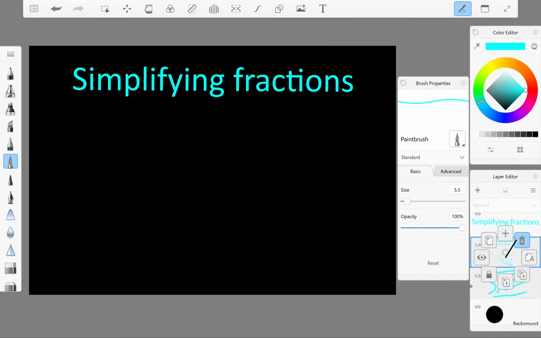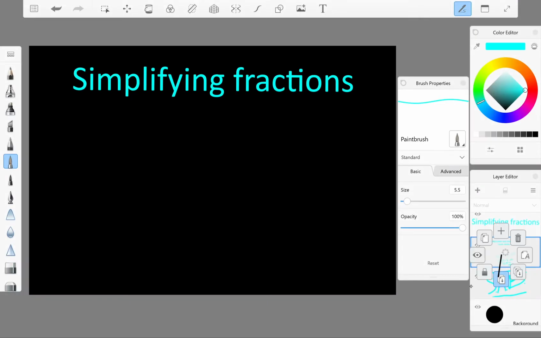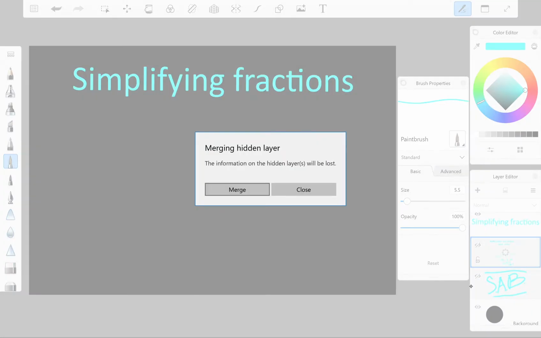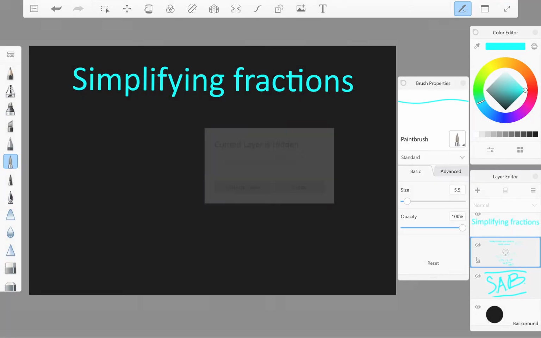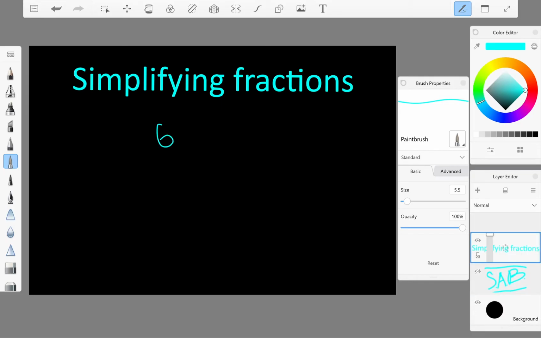You ever think about that, Sonny? No. Or, no, cancel. I wanted to murder the layer below. Okay. Anyways, alright. So let's just get rid of this. Sorry, guys.